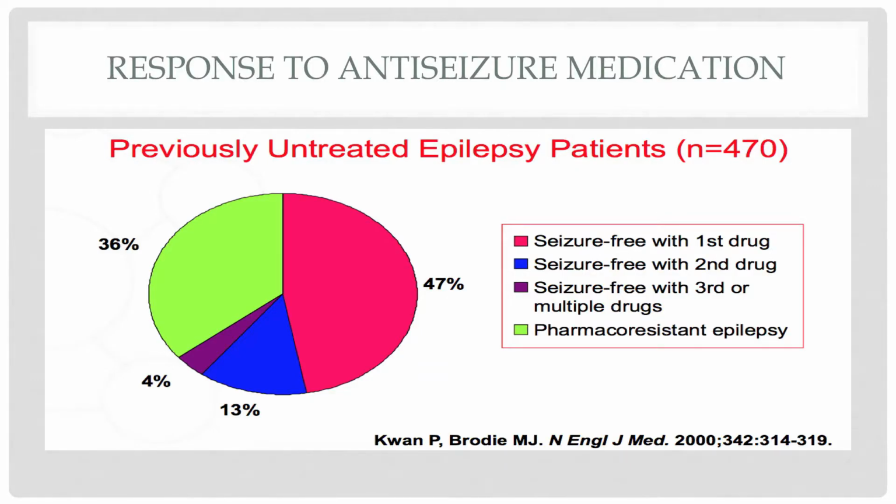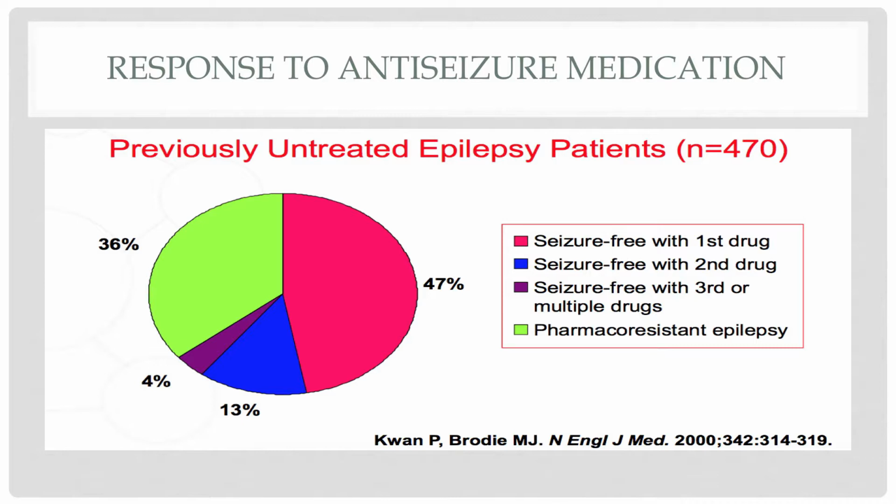So Dr. Kwan and Brodie, Australian, ran this study. They looked at previously untreated epilepsy patients and started 1 seizure medication. 47% of them were seizure-free on 1 drug. Now, those people who did not respond to the first medication had another medication added.